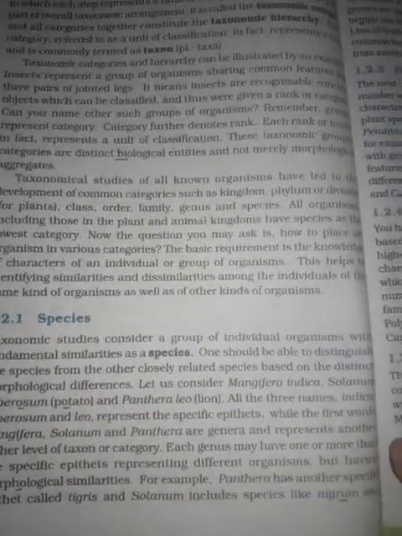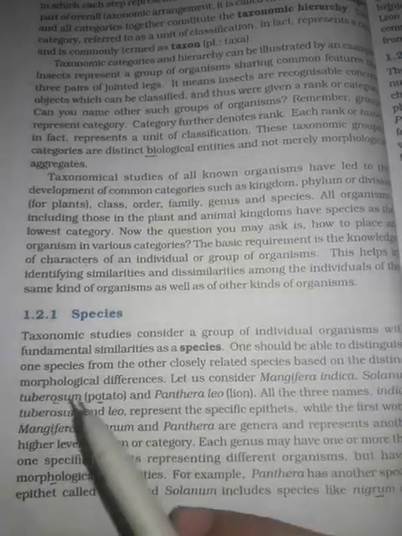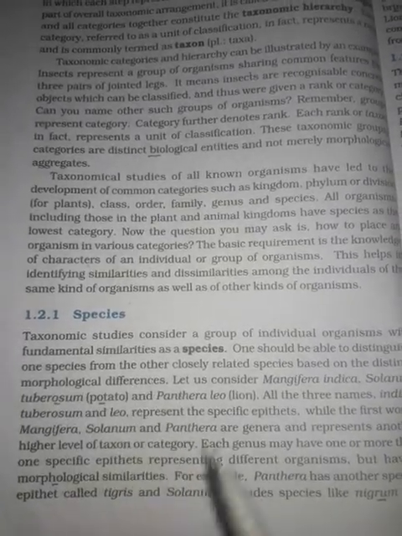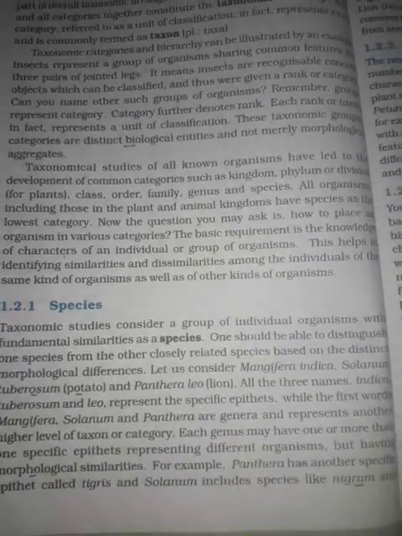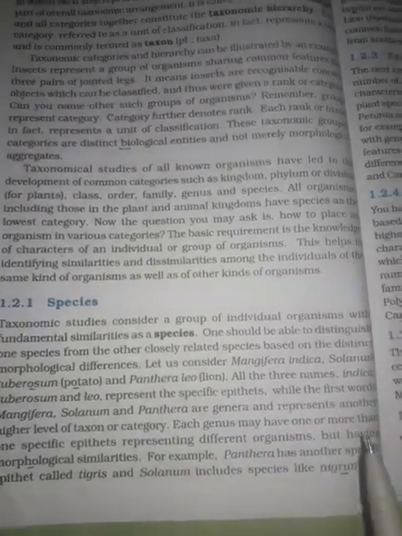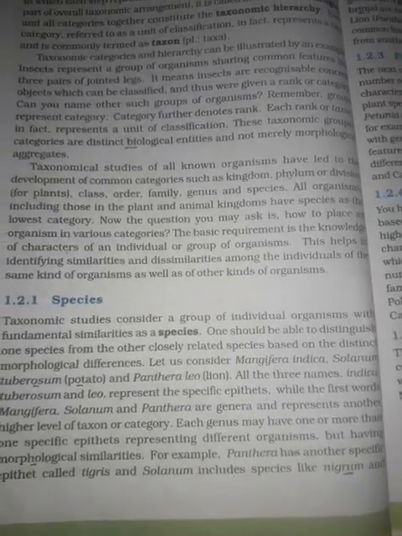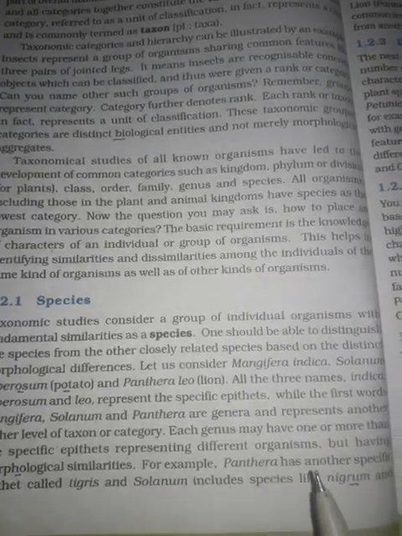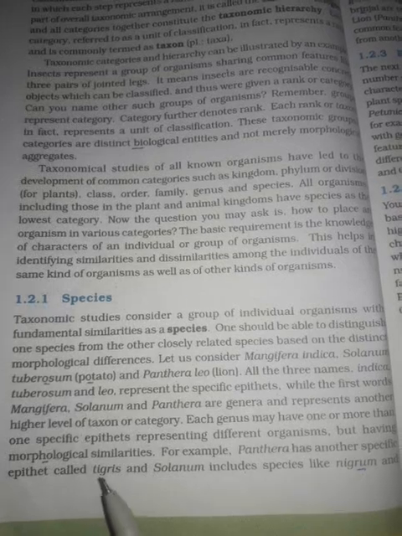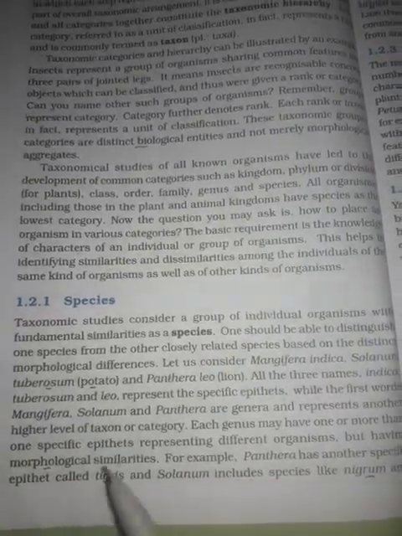Species. There are Solanum tuberosum, potato, and Panthera leo, lion, but having morphological similarities. Panthera has another specific epithet called tigris.